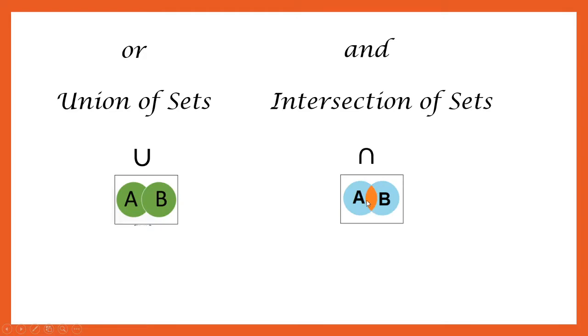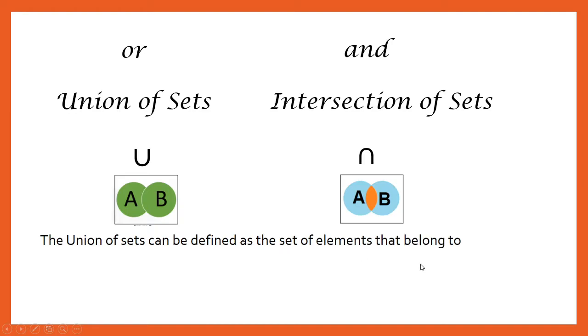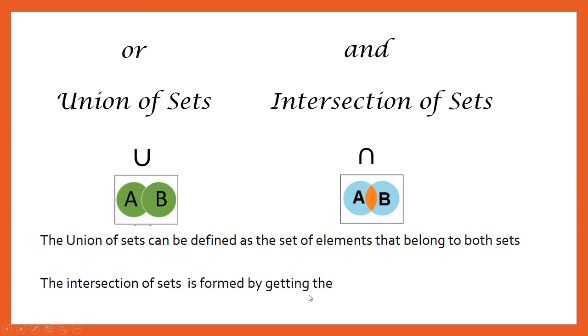So, you just look at the orange color. This is the region which is common to both sets, common to set A and set B. It means to say that the union of sets can be defined as the set of elements that belong to either set, while intersection of sets is formed by getting the elements that are common to both sets.